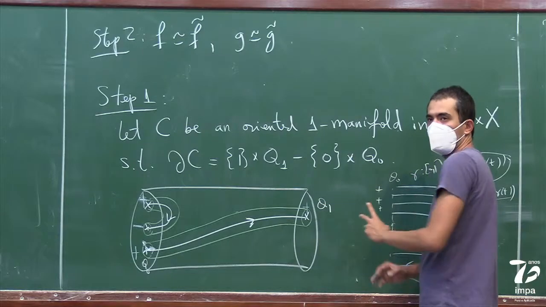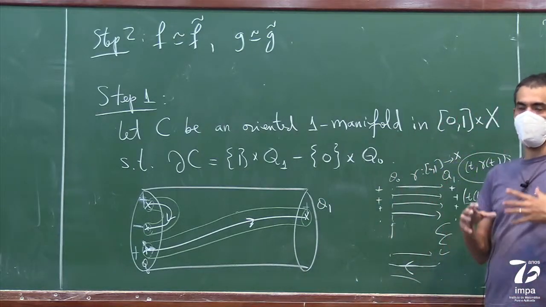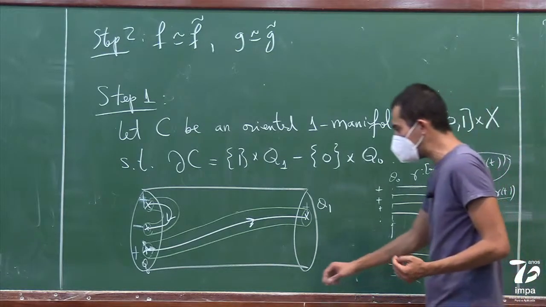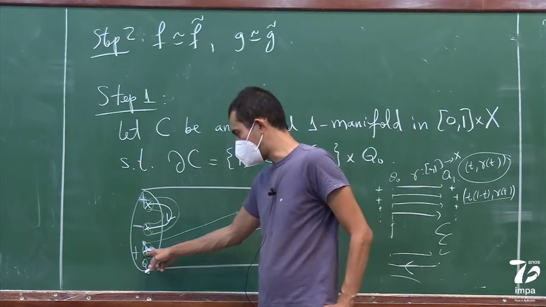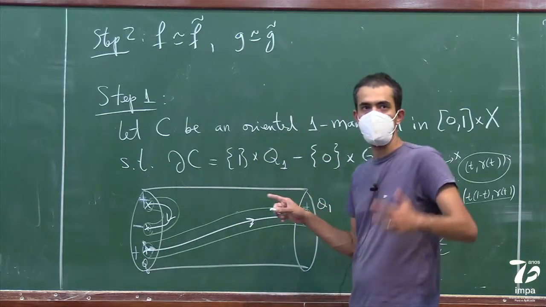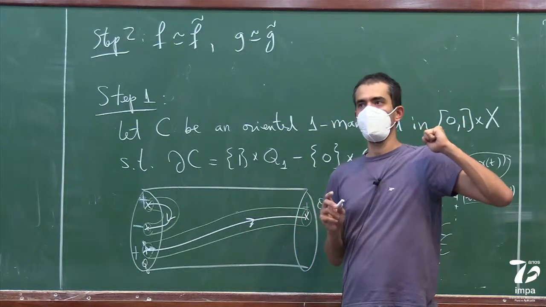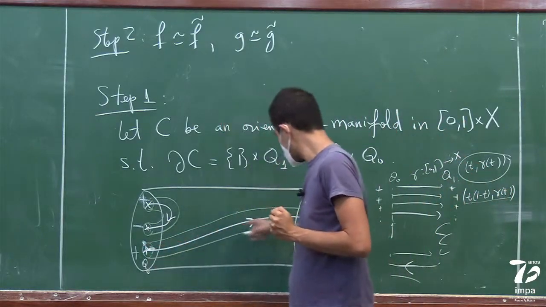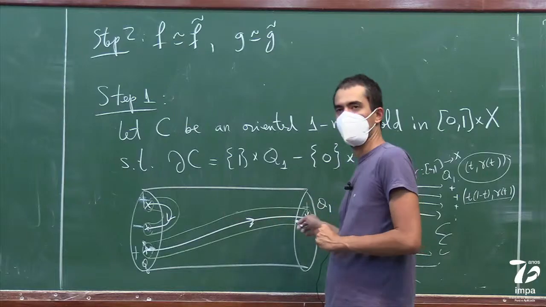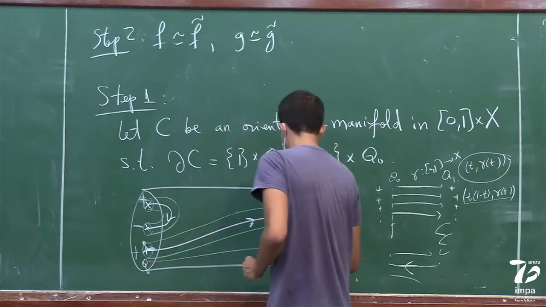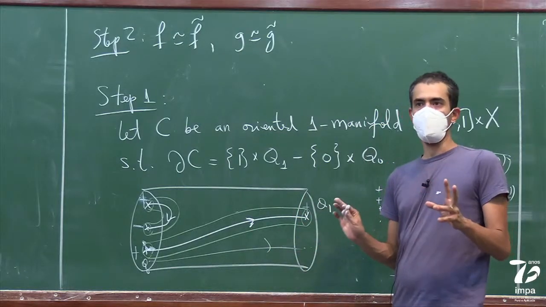Choosing a basis is the same as choosing an isomorphism with Rn. So for each curve that goes from 0 times x to 1 times x, you can choose a homotopy of a basis, either a positive basis if it's a positive point connecting to a positive point, or a negative basis if it's a negative point connecting to a negative point. So that's the first step.